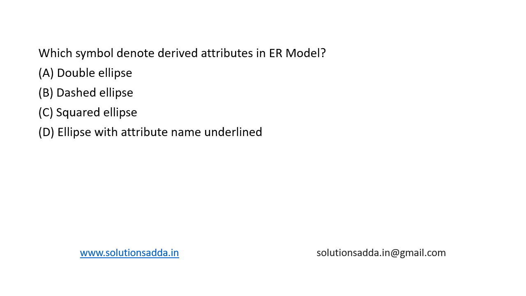This is a question from databases. Which symbol denotes derived attributes in the ER model? An attribute which can be derived from other attributes of the entity type is known as a derived attribute. An example of a derived attribute is age, because from date of birth we can derive age.